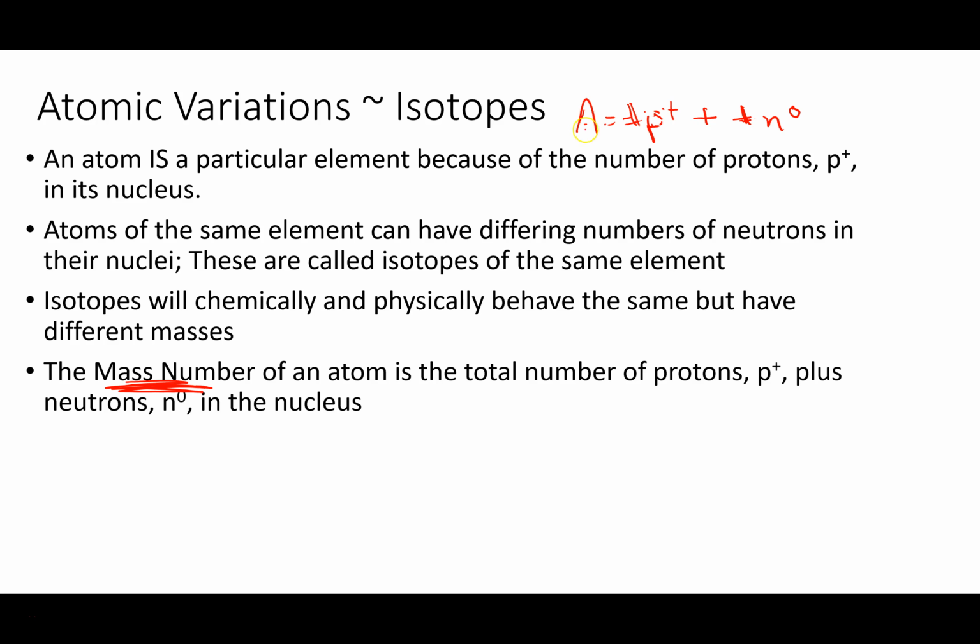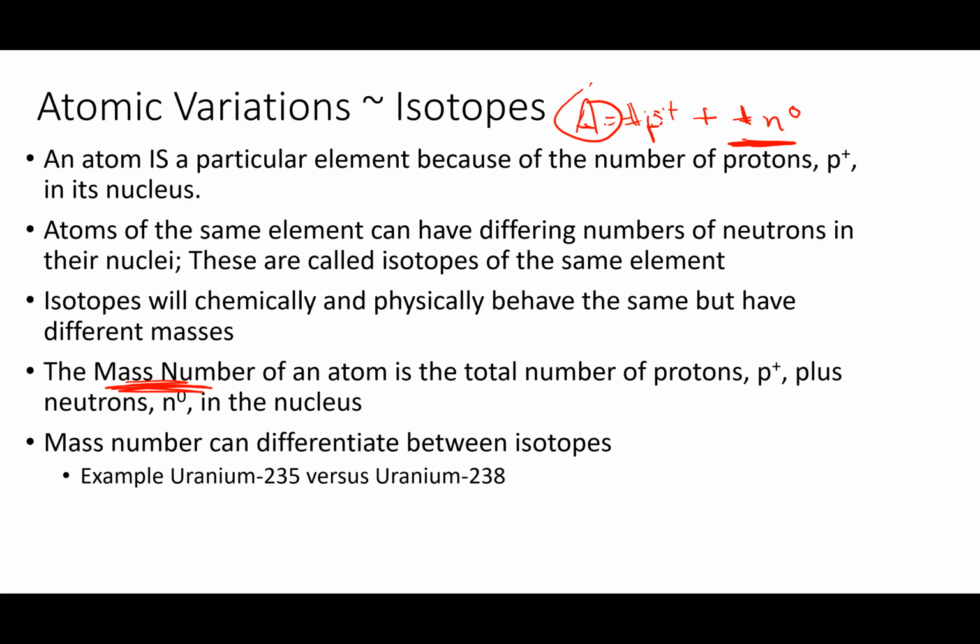So that's what the mass number is. So we're going to do some little ciphering, but do you see where the mass number will differ for different isotopes because we are adding or subtracting our neutrons? So I'll kind of show you what that looks like.